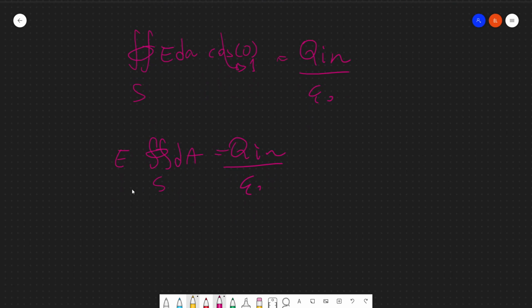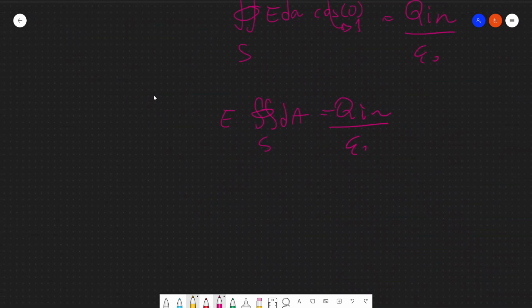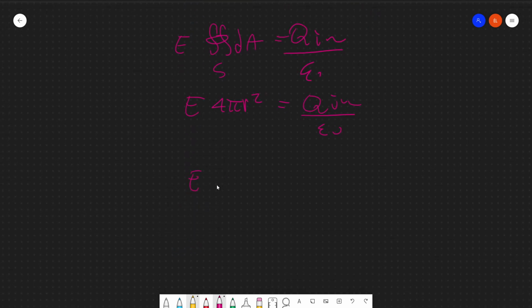So the sum of all these areas is just the surface area of a sphere, so it's E times 4 pi r squared, which equals Q in over epsilon 0. So E must equal Q in over 4 pi r squared epsilon 0.